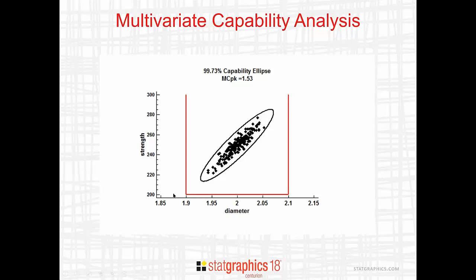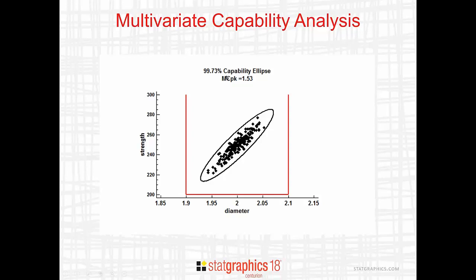In this case, I've set specification limits on the diameter and strength of a particular product. It shows you the specification limits and draws an ellipse containing 99.73% of my estimated distribution. It's a bivariate normal distribution in this case, the ellipse being the equivalent of the 3 sigma limits that you'd have with only a single variable.